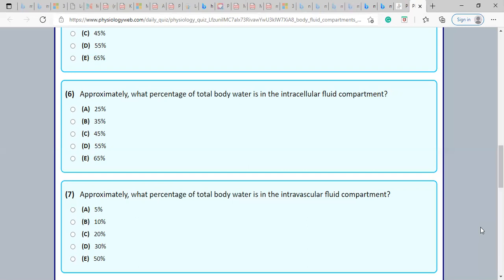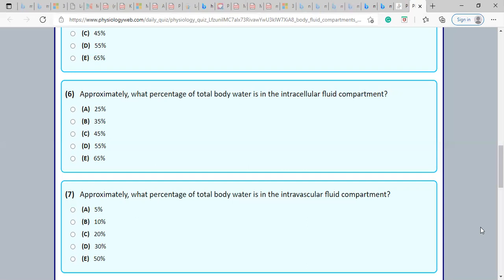So you do the same thing again. X over 100 times 42 is equal to 3. So 3 times 100 will give you 300, yes? Divided by 42.